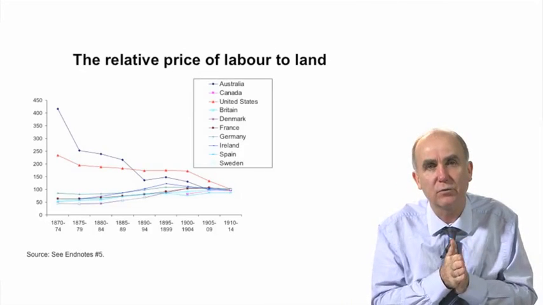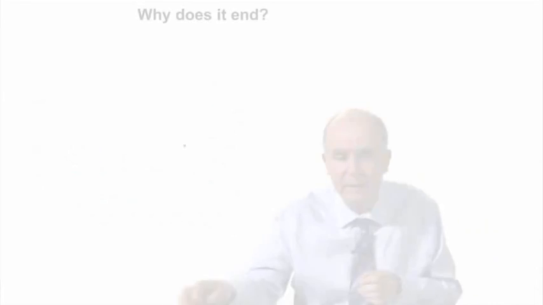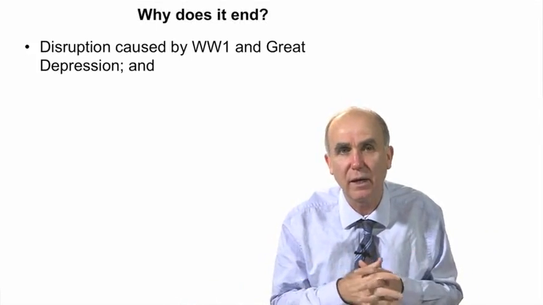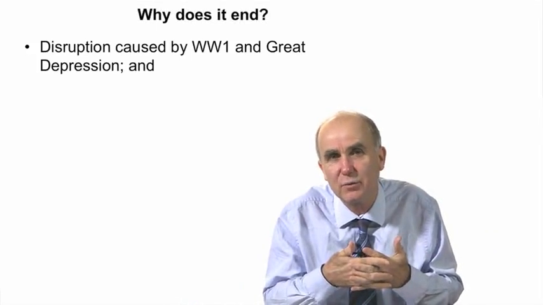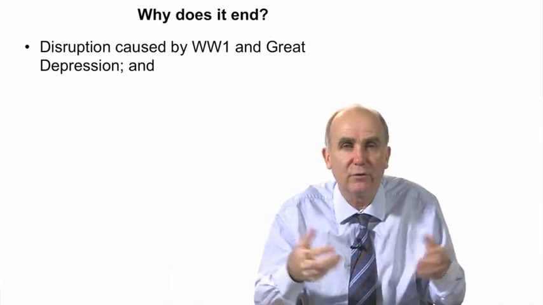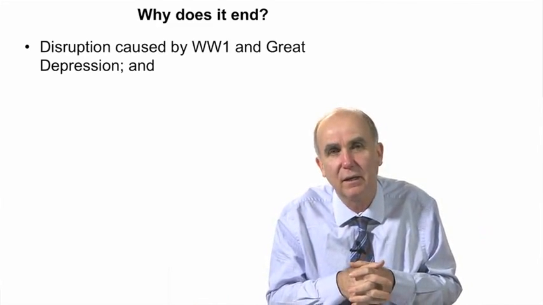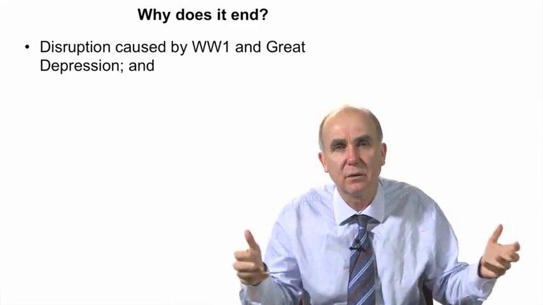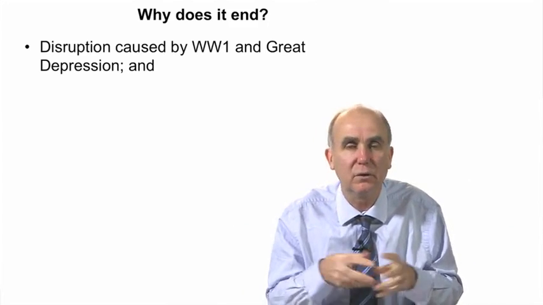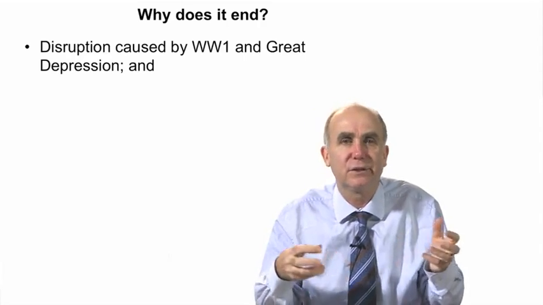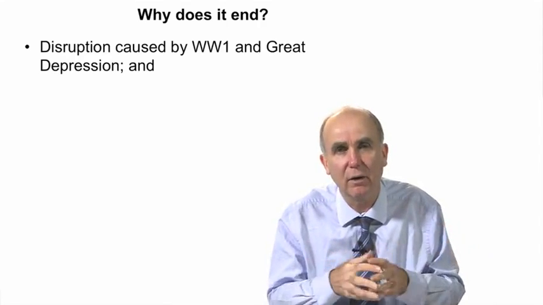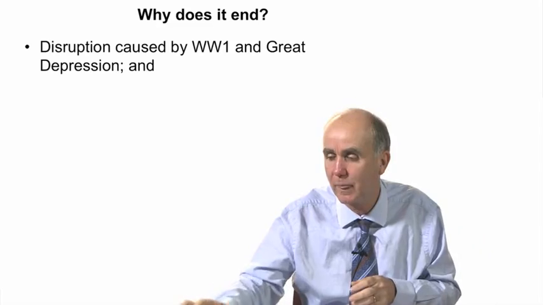Now, this first era of globalisation comes to an end around World War I, and there's a couple of reasons why that occurs. First of all, there's the disruption caused by World War I and the Great Depression, which cause obviously countries to cease trading with each other, cause disruption to the scope for flows due to migration, and cause governments to shut down international trade on some occasions as a way of protecting their own local economies.